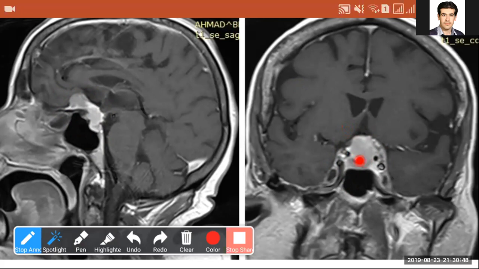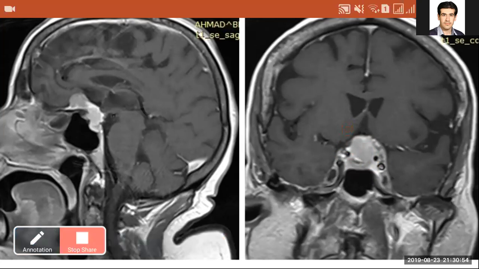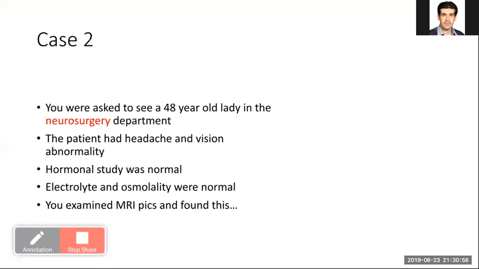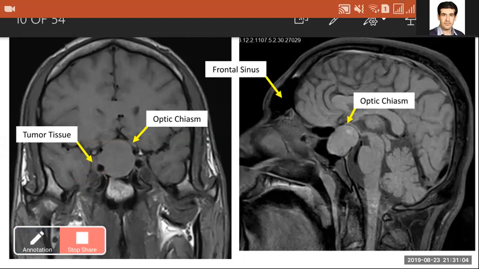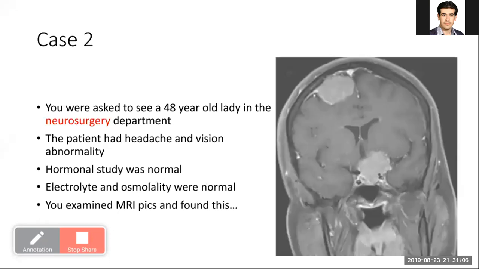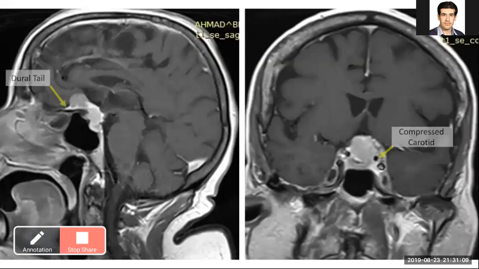So this is the carotid artery, stenosed, while in that acromegalic patient, you see it is not stenotic. This is the compressed carotid artery, this is the dural tail, and this is the anterior pituitary.